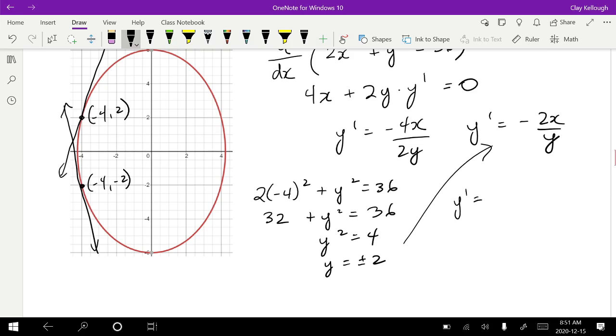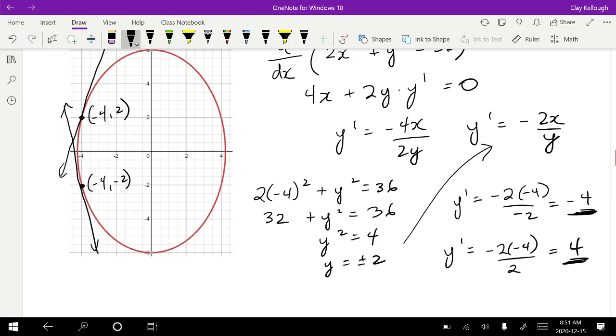So that would be negative 2 times negative 4 divided by negative 2, which is negative 4. And my other slope happens when x is negative 4 but y is positive 2. So my slopes are 4 and negative 4.